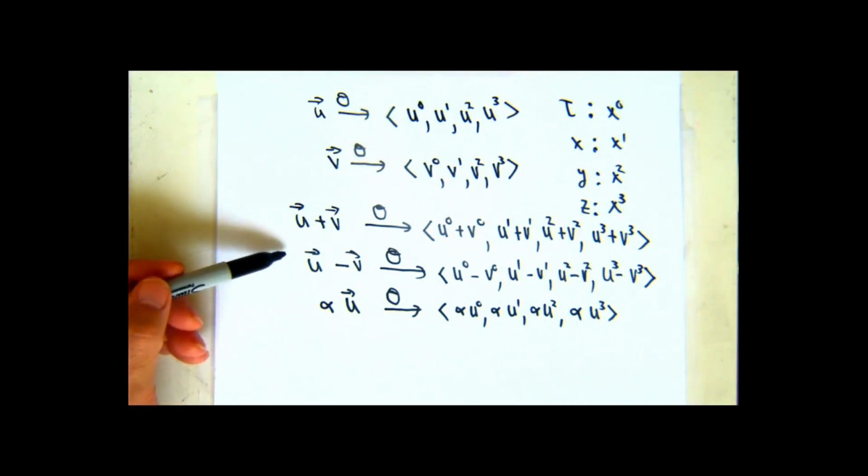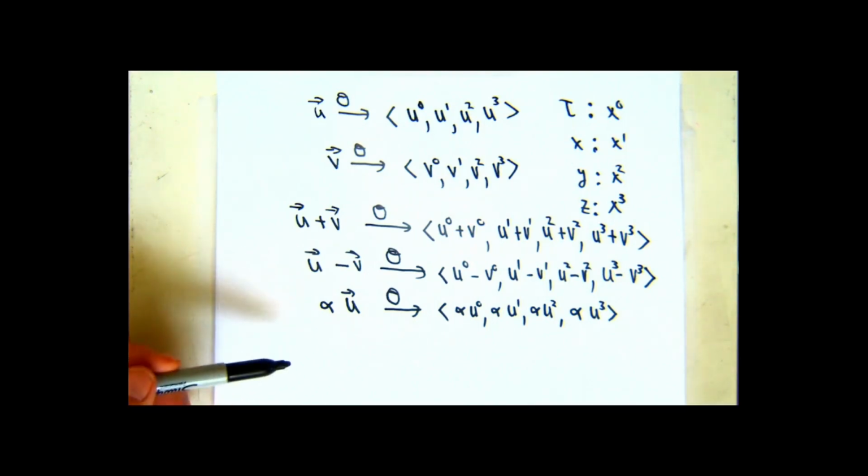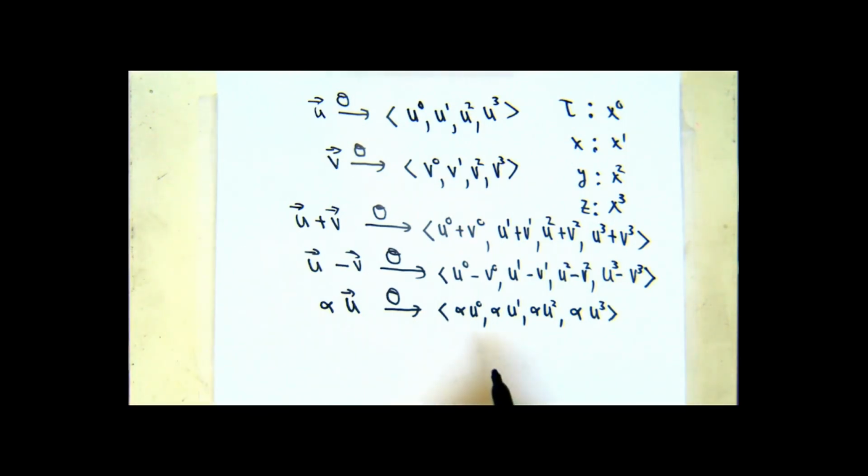Likewise, we define subtraction as you think we would, and we'll define multiplication of a 4 vector u by a number alpha in the same way that you did in Calculus 3. It was around this point in third semester calculus that you introduced the idea of the ijk basis vectors.